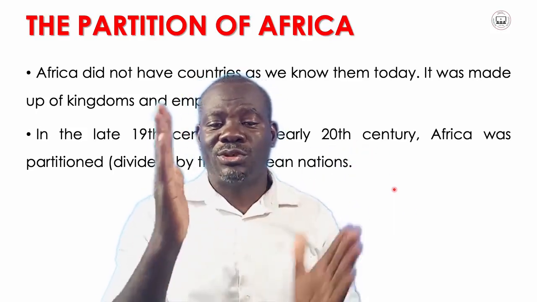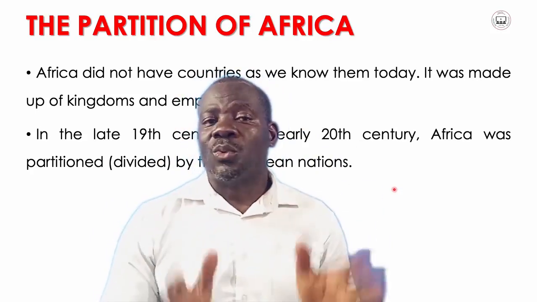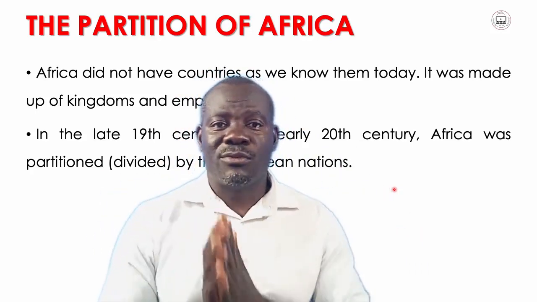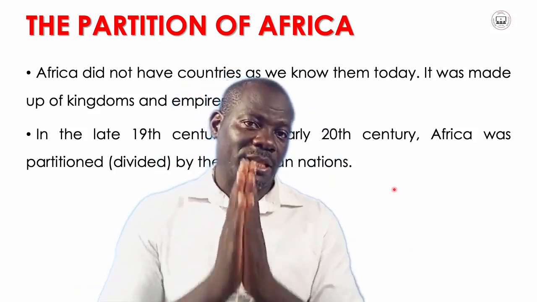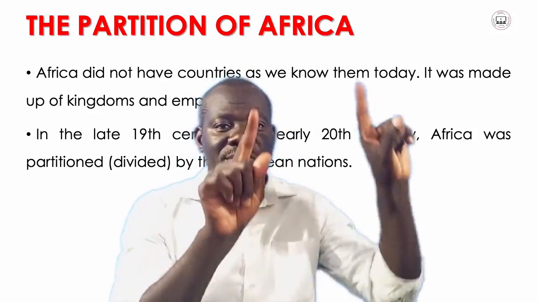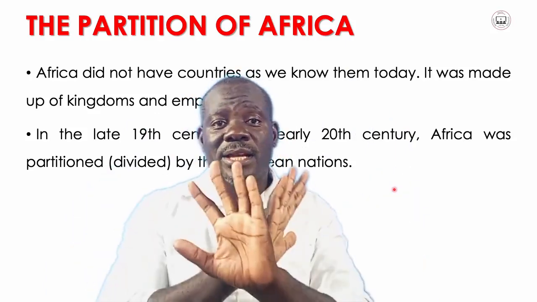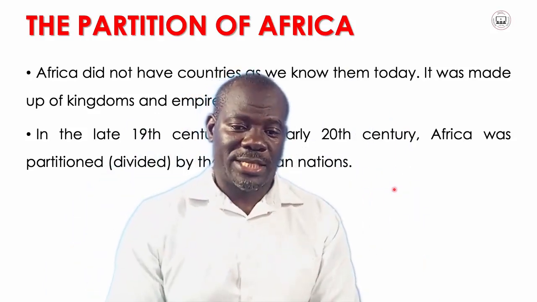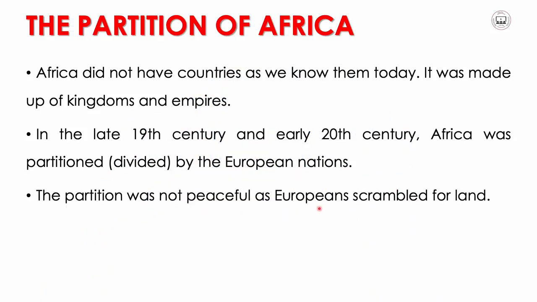The boundaries that we know today, we are not responsible for them. They were done by the Europeans. They are the ones who made the boundaries, that Malawi should be like this, Zambia like this, Mozambique like this. We were not responsible for that. So partition was not peaceful, as Europeans scrambled for land.